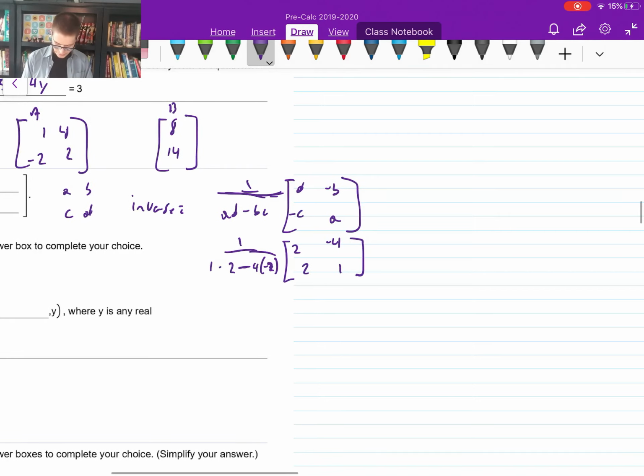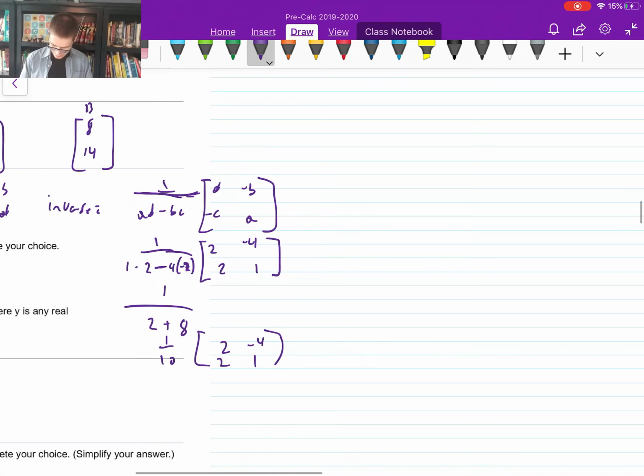So we get 1 over 2 plus 8, and so 1 over 10. 1/10 times all of that, which gives us 1/5, then negative 2/5, and then 1/5 and 1/10.